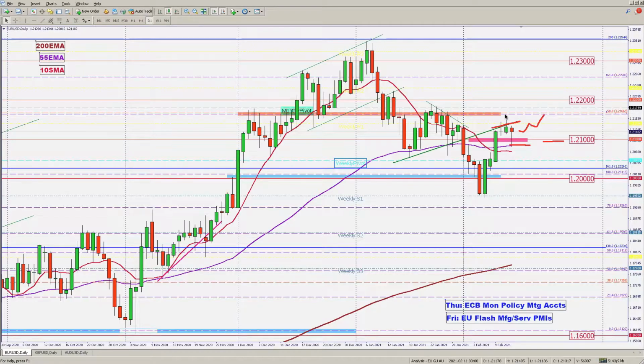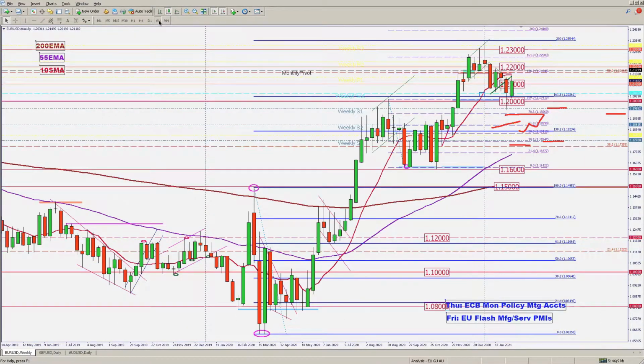However, there is going to be strong resistance in this area, where the monthly pivot is just above that, as well as the 50-Fib resistance of a large Fibonacci retracement.